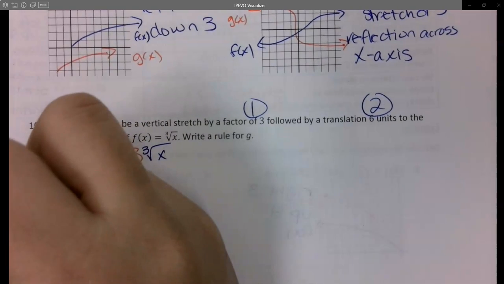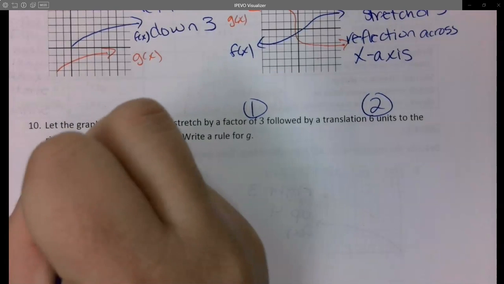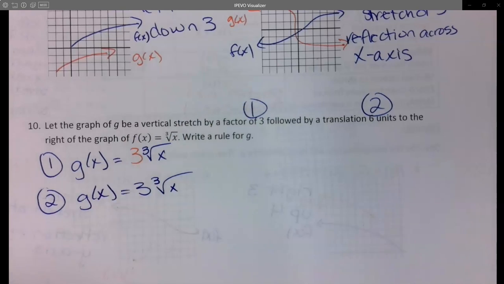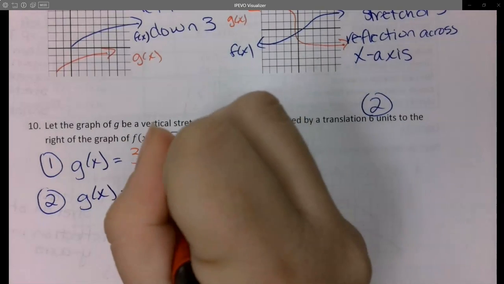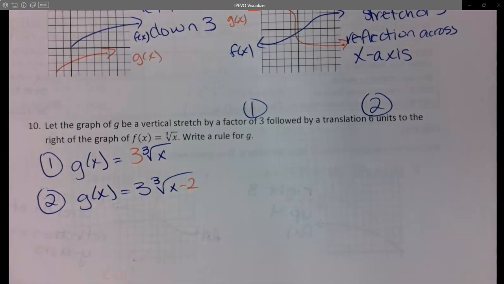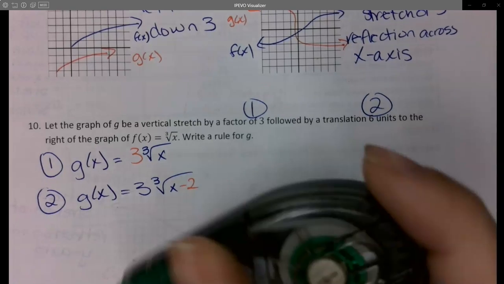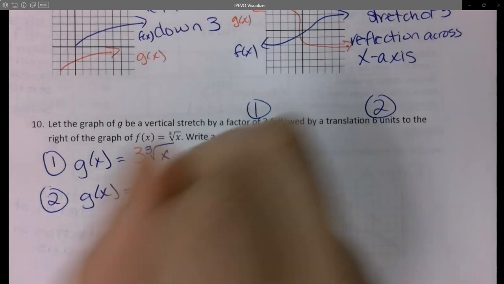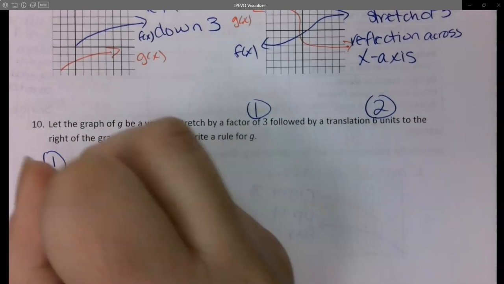And then the second one, since it's going to the right, is inside the radical, opposite the sign. So right would normally be positive, so opposite of that is minus. That was 6, not 2. And this is my final answer.